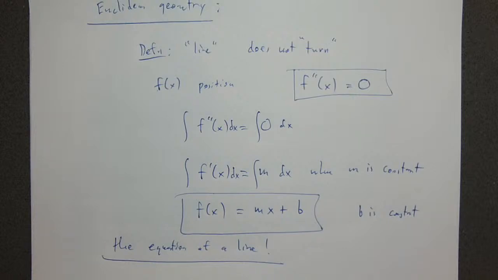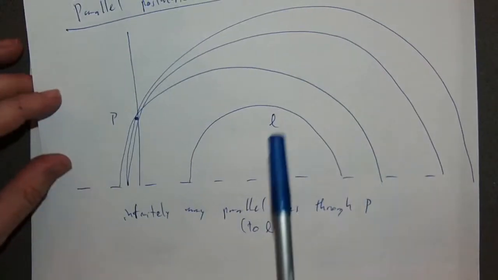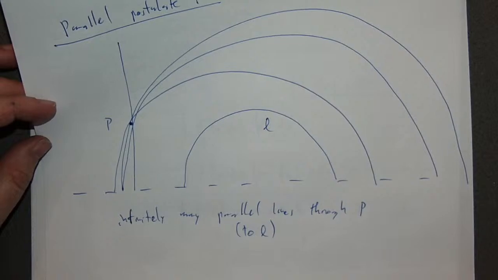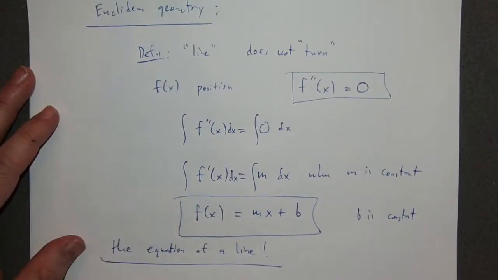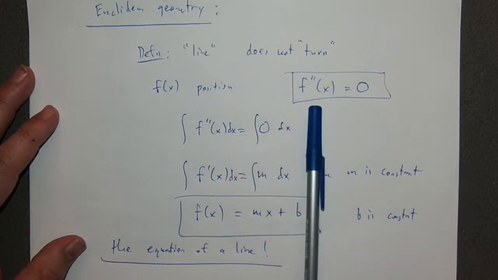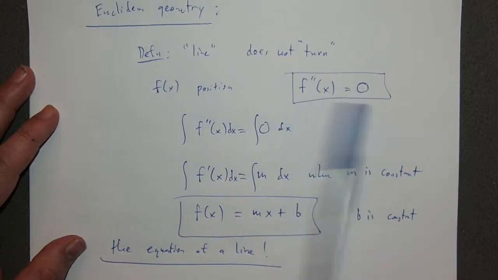Okay. Well, what if I told you that the same equations that determine the lines in hyperbolic geometry, when you put them in Euclidean geometry, all the nasty terms, which are called Christoffel symbols, all vanish? They all go to 0. And what you're left with is the differential equation f double prime is equal to 0.